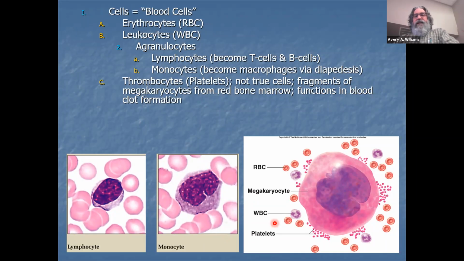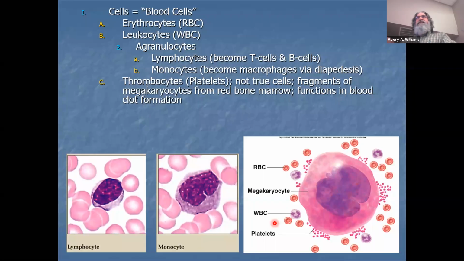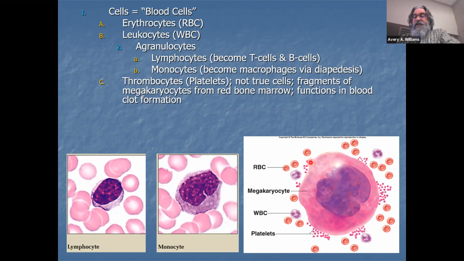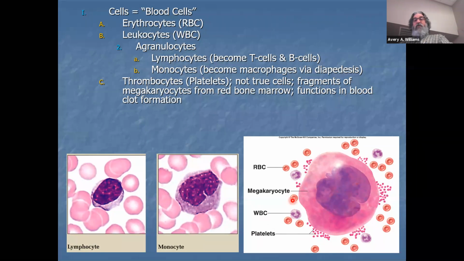And platelets are fragments of cells that are functional in blood clot formation. So maybe they used to be thought of as cells, but they're really not. They're just pieces. The cell that they come from is this huge monster right here called a megakaryocyte. So, macro means big, but mega means, wow, real big.